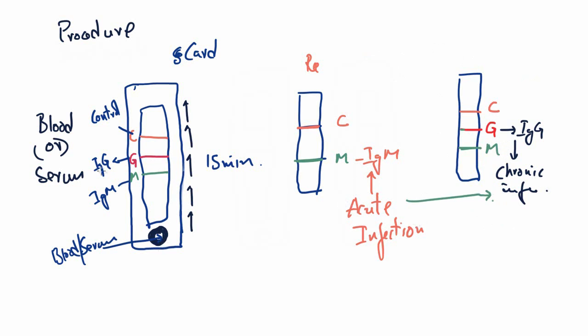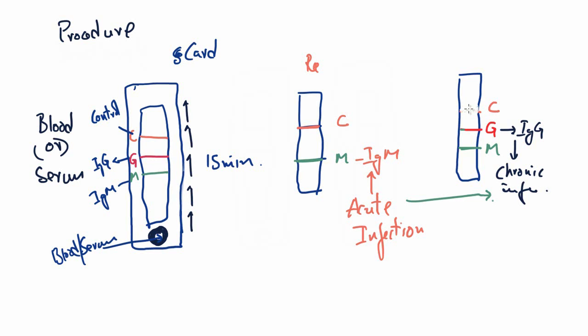If by any chance you don't see the control line in any of the tests, it indicates the test is invalid.